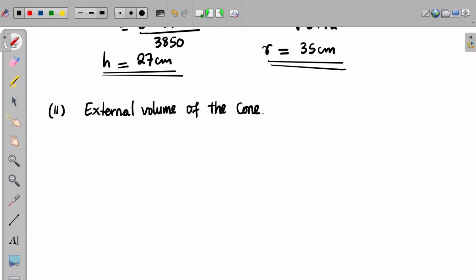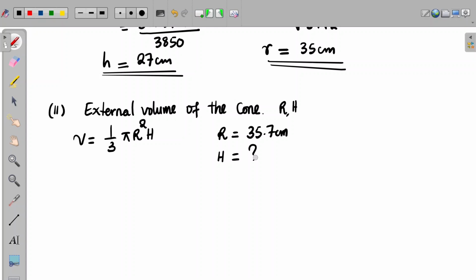So I said we will use capital R and capital H. So volume, remember, is equal to 1/3 by R squared and H. So we have determined capital R as 35.7 centimeters. Now we are remaining with capital H.